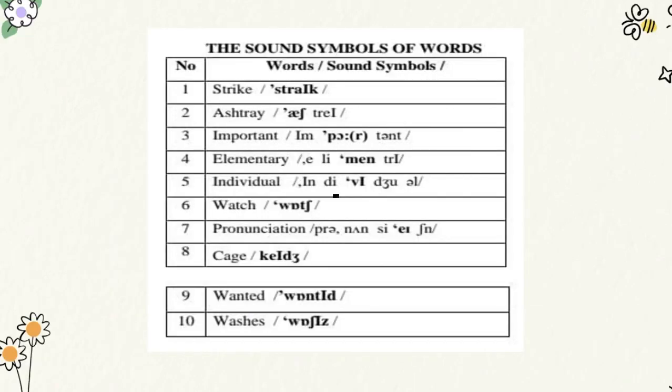The sound symbols of words. Number 1, strike. Number 2, H3. Number 3, important. Number 4, elementary. Number 5, individual.